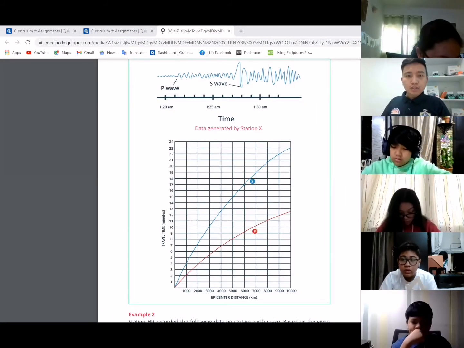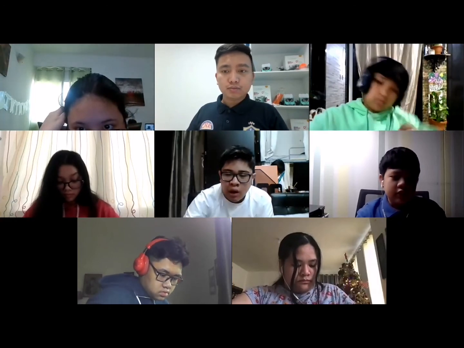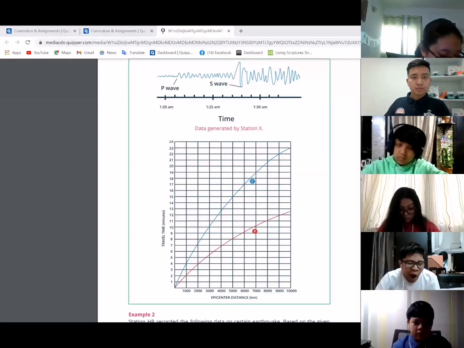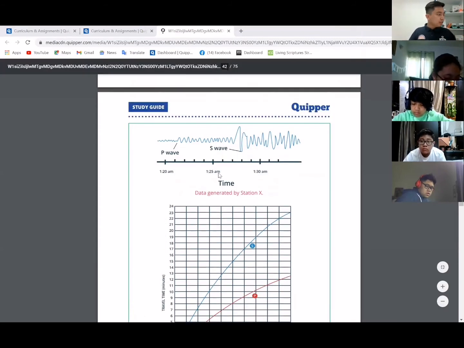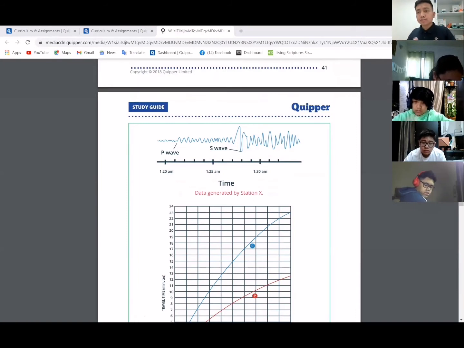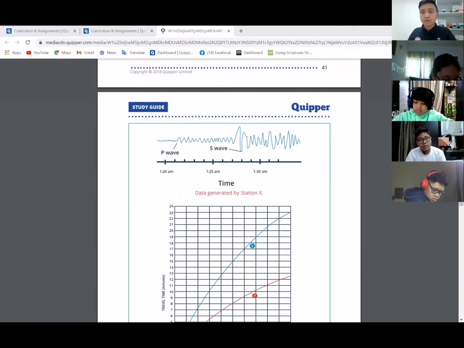Tingnan natin kung may nakakuha ng correct answer. Okay, step by step tayo. Ano yung arrival time natin? Computation ng arrival time? Anyone? John Lord?